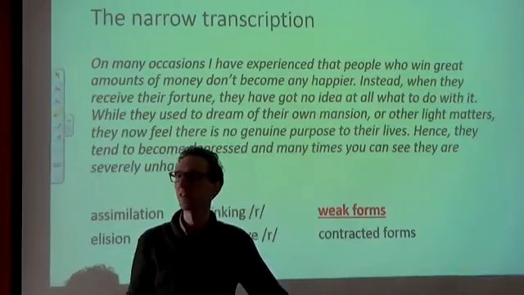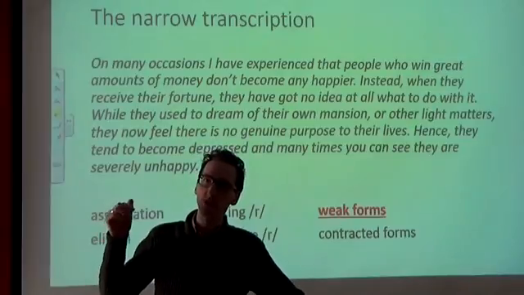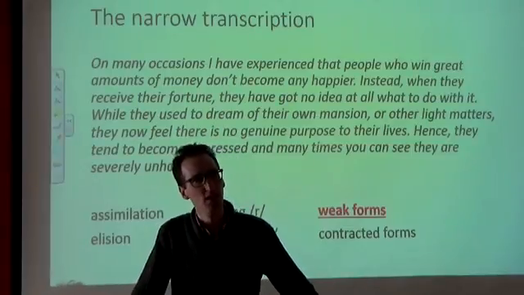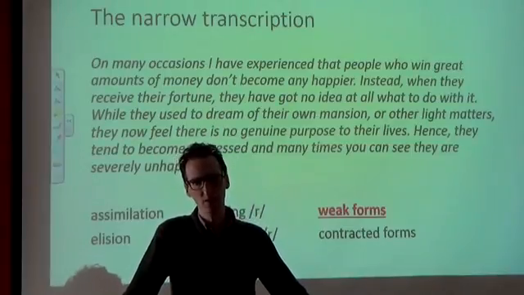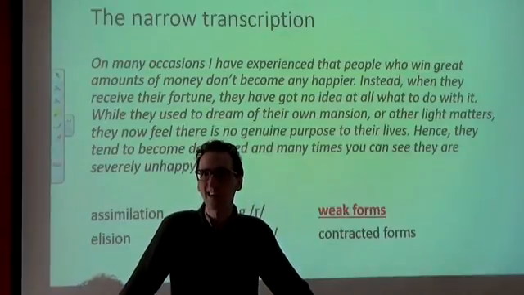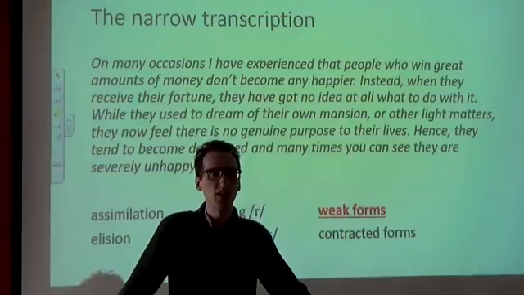To avoid that, to make the pronunciation smoother, we add an R in between. We say there is. There is. And that's the R that's there in the spelling. This is called linking R. When we link two words together with an R that's already present in the spelling.